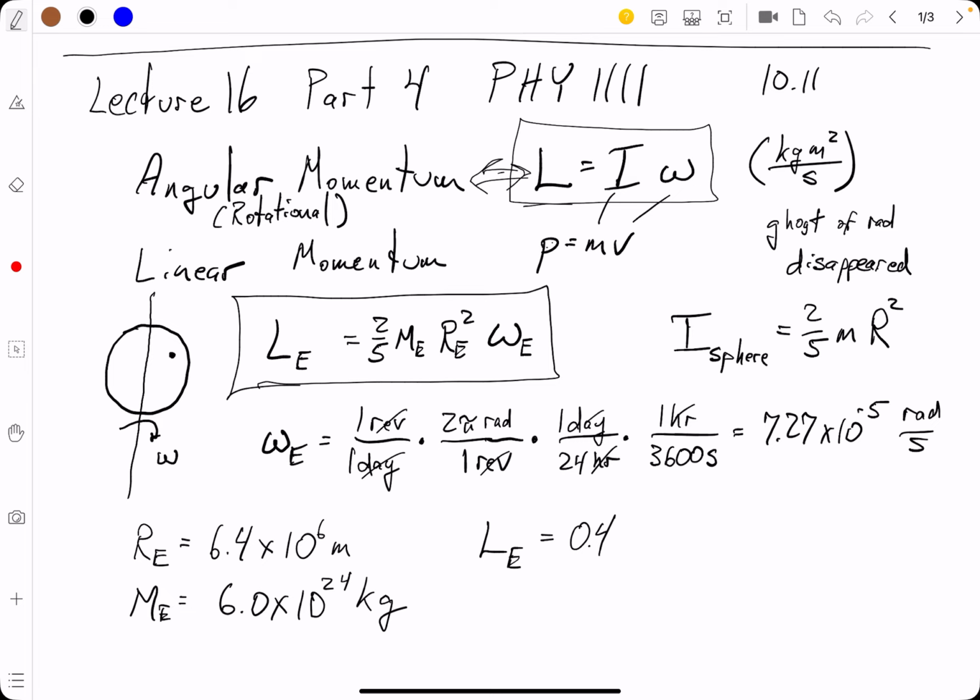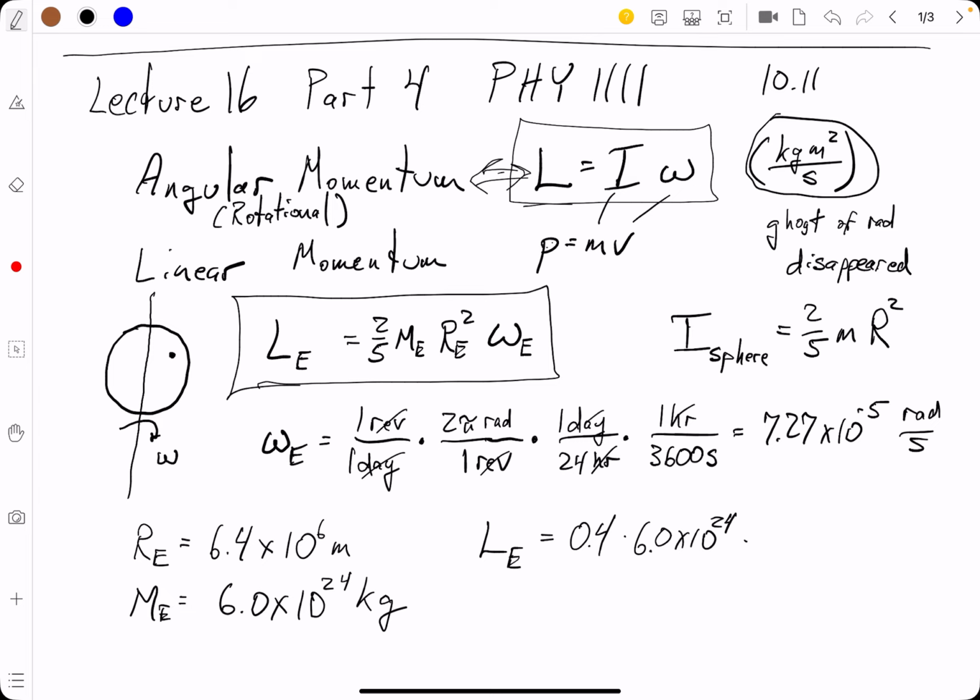I'm going to do this, and 6.0 times 10 to the 24. I'm leaving all the units to the end because I'm just going to slap them on the end. I already know I've got everything the way I need it, so I won't worry about units.